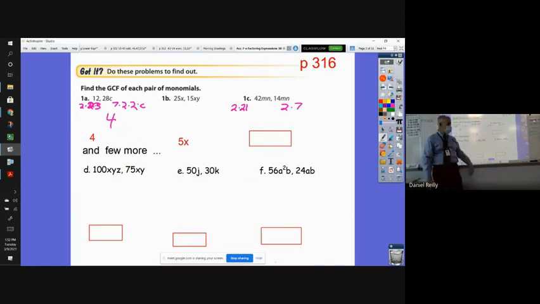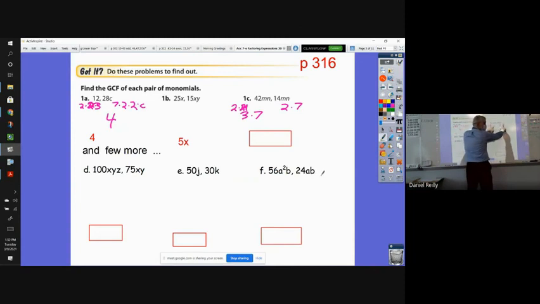What's the prime factorization of 21? 21 is 3 times 7. Okay, so what is the greatest common factor? 7. 2 and 7 are in both of them, so the answer is 14mn.